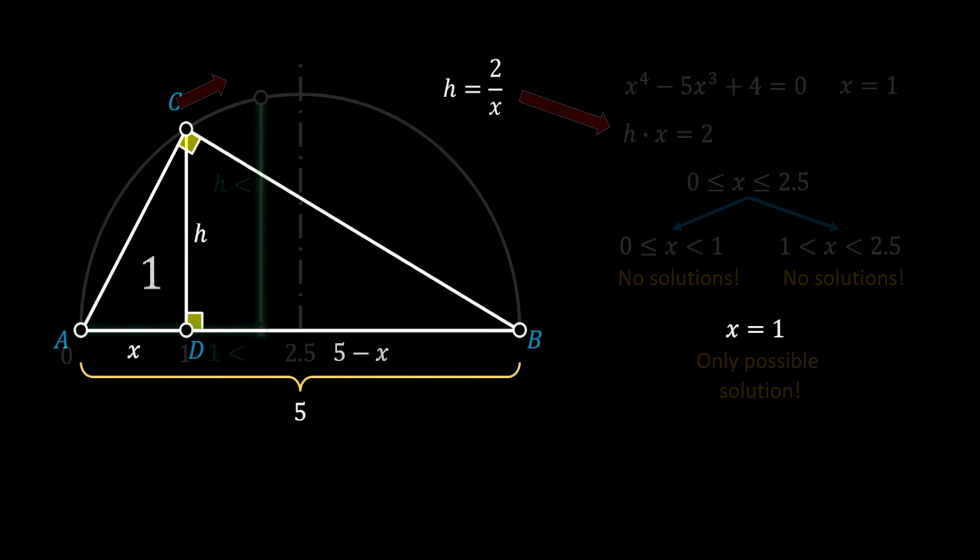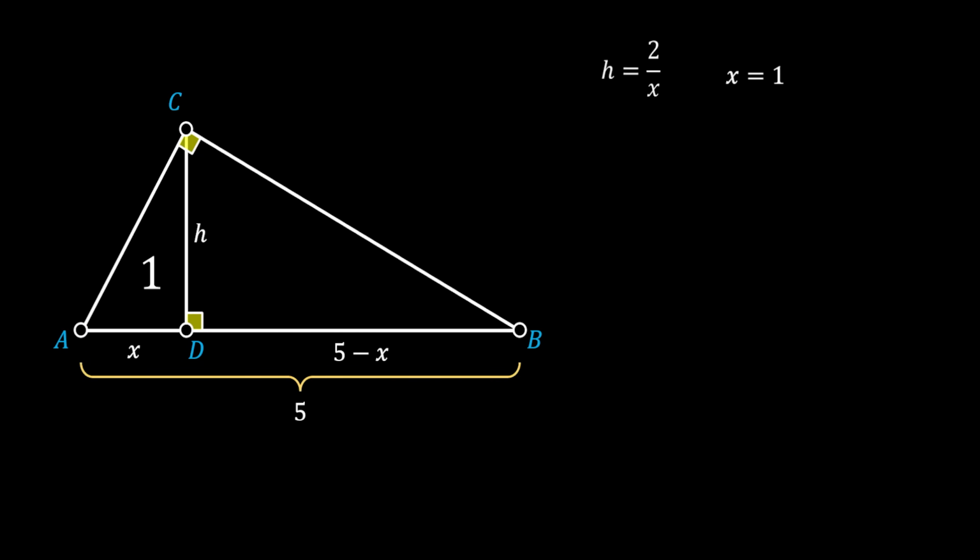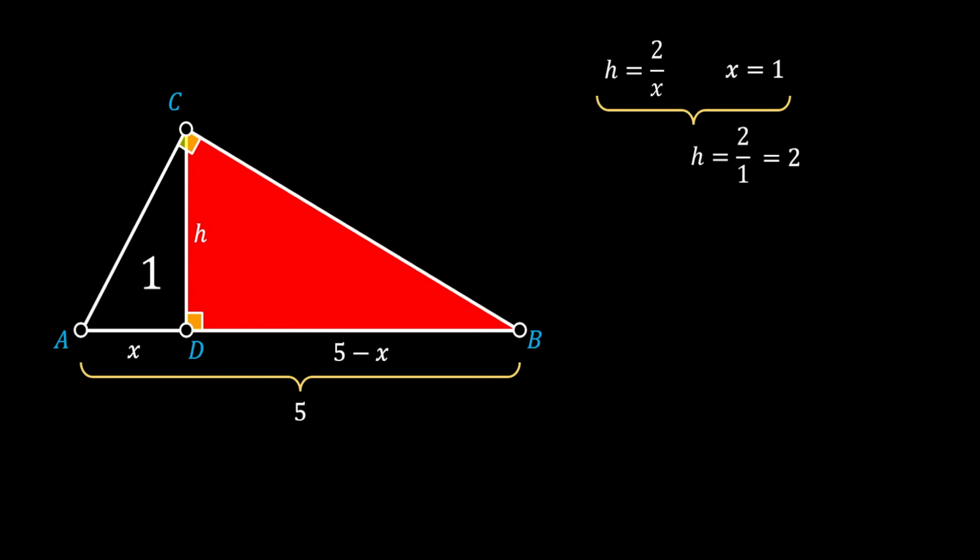Alright, so now, with this in mind, we're going to combine our two equations, or we're going to implement x into h, and we will get that h equals 2. Now, remember, we're looking for the area of our red triangle DBC, and this is a right angle triangle, so its area will be equal to half of the product of its base DB and its height DC.